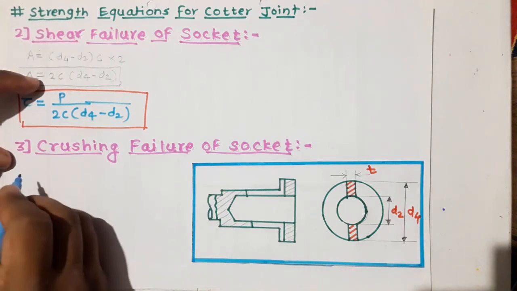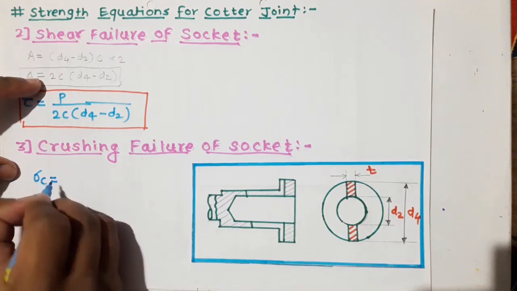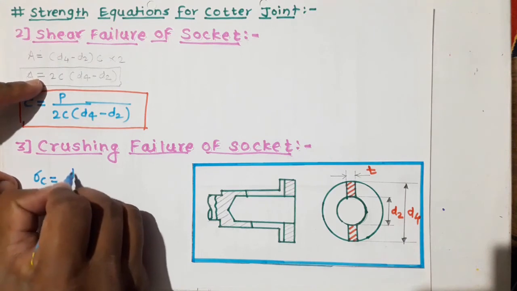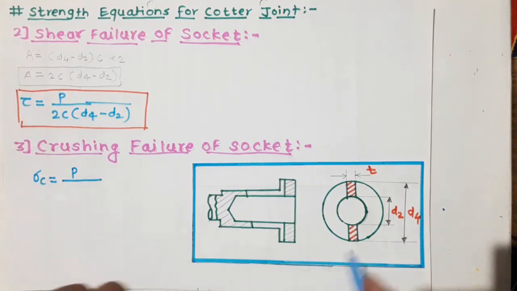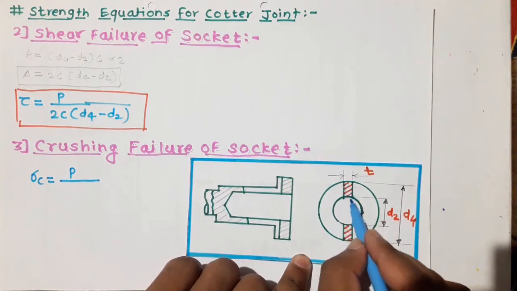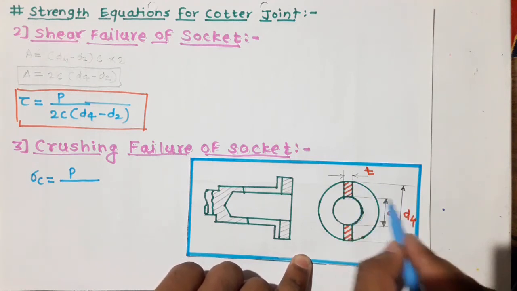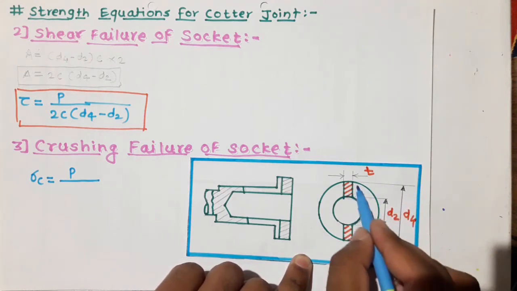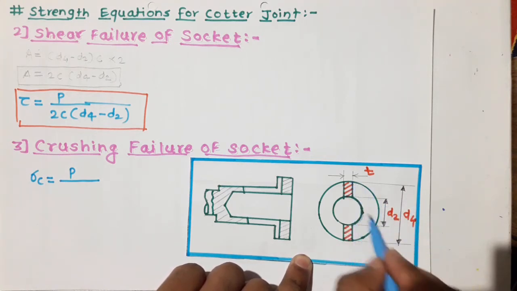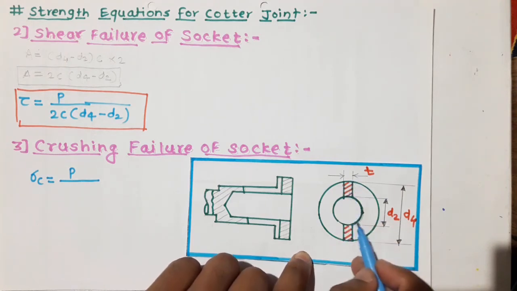Therefore the crushing stress for the socket is given by the equation. Crushing stress is denoted by the notation sigma c. It is given by force upon area. Force is P, and now the area. The area is nothing but the area which is shown by these red color hatching lines. So this is nothing but these two rectangular areas. We have to write the equation for it. So d4 minus d2 gives us the addition of these two edges, into t gives us the total area subjected to crushing stress.